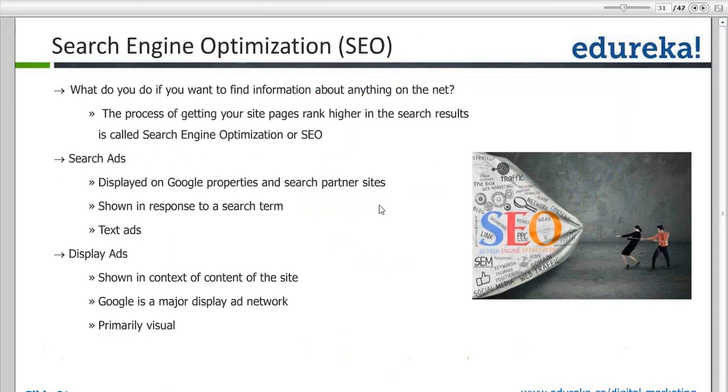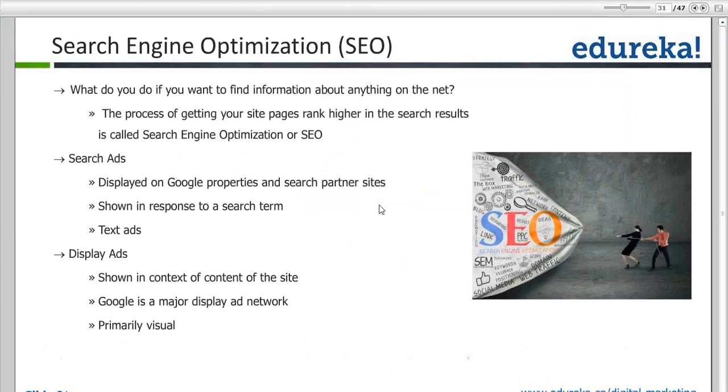Those ranks are determined based on the kind of content you have, how relevant it is to the search query, the time people spend on your websites, and it's a culmination of all these factors. Over a period of time, to improve your search result, you have to make sure that you take care of certain search engine optimization tactics.